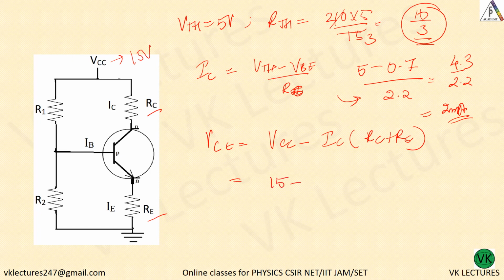So 15 minus IC, 2 milliampere, into RC value given to be 3K plus RE 2.2K, so 3 plus 2.2 is 5.2K. So 2 into 5.2 is 10.4. 15 minus 10.4 equal to 4.6.